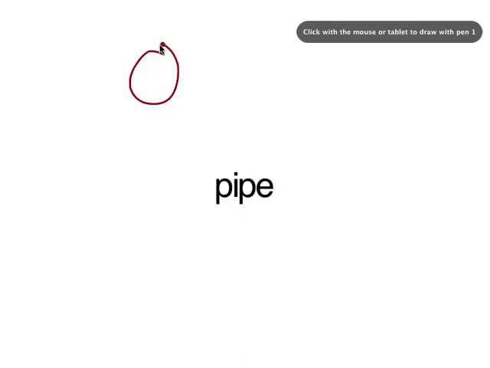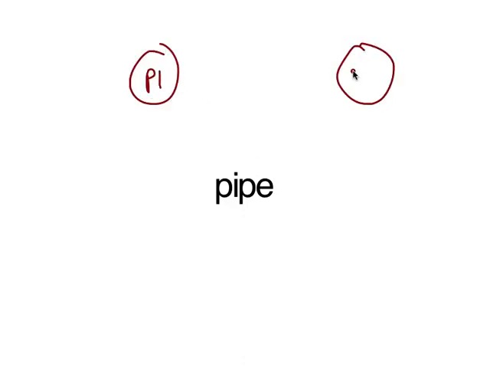So let's say I have a process P1, and I have another process P2. I can set up a pipe between them. And P1 can write to this pipe just like it is writing to any file.